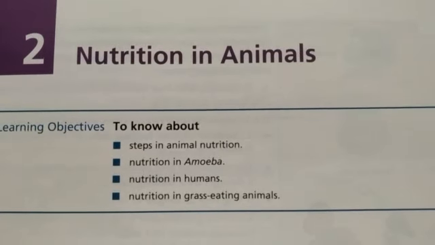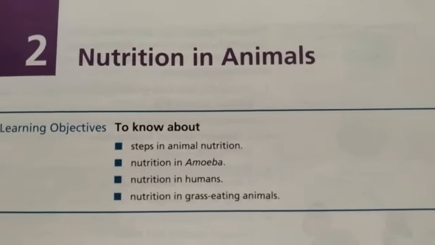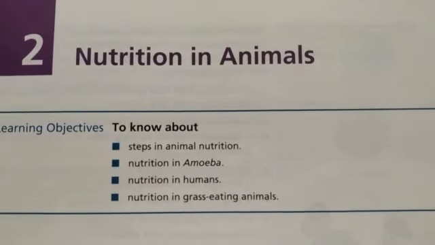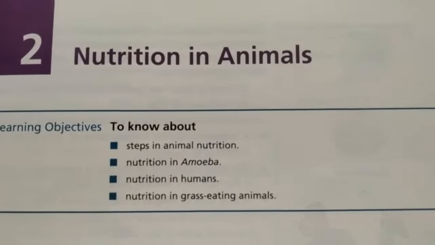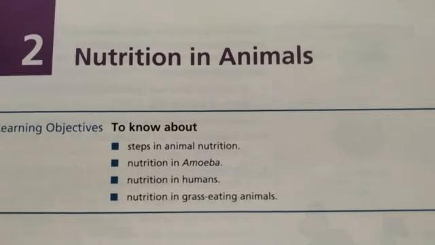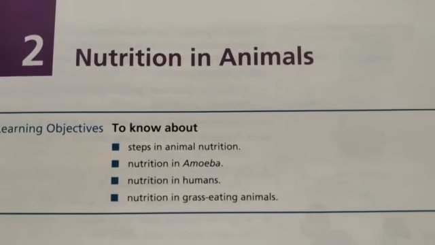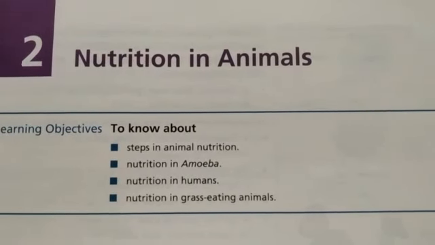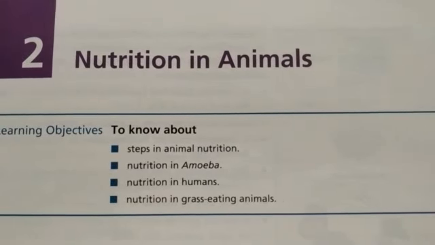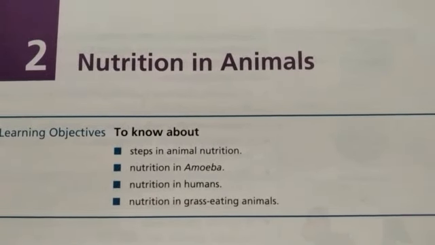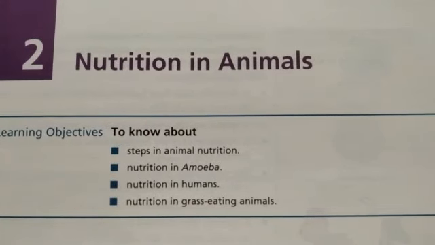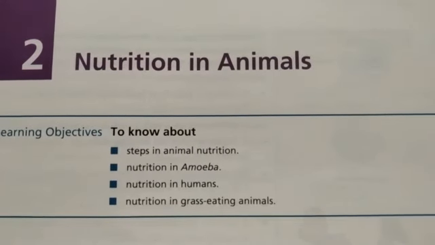The 5 steps involved in nutrition are ingestion, digestion, absorption, assimilation, and egestion. These are the 5 steps involved in the complete process of nutrition in animals. One by one we will discuss all these 5 steps, so we can understand what they are for.